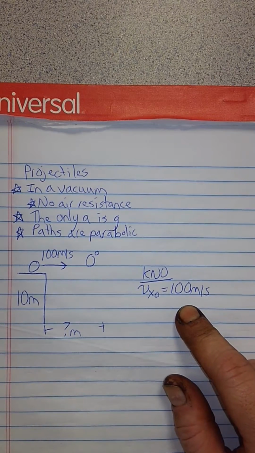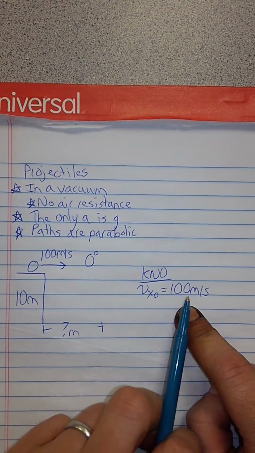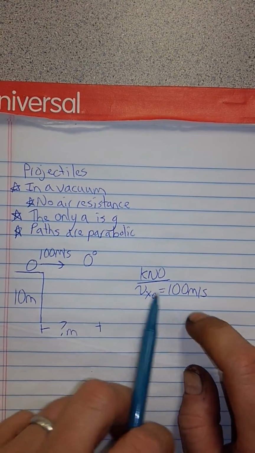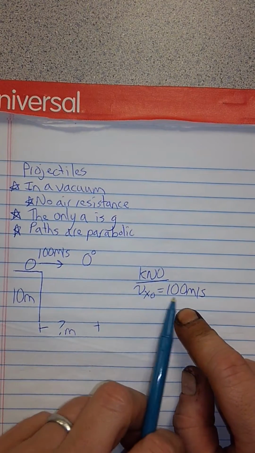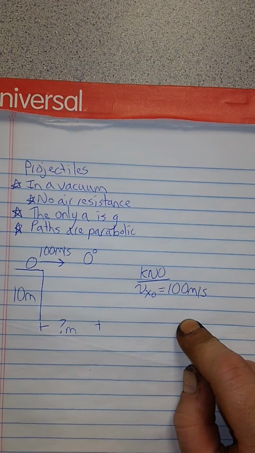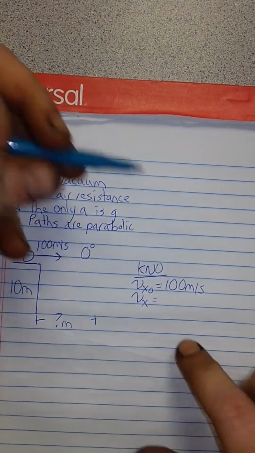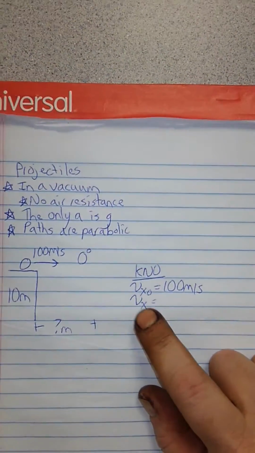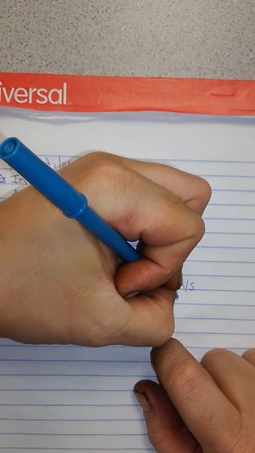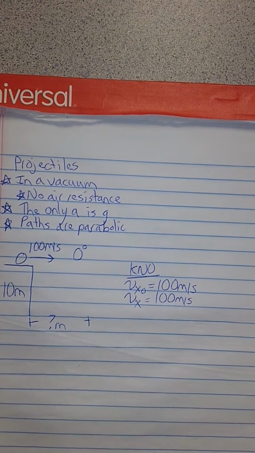That is going to be different when we have an angled projectile, but because we are horizontal, one of our first major assumptions is that whatever the muzzle velocity is, that is the velocity in the x direction. Another thing based on that: because we have no air resistance, the final velocity is also going to be equal to 100 meters per second in the x direction. There's no acceleration, so there's not going to be any change.